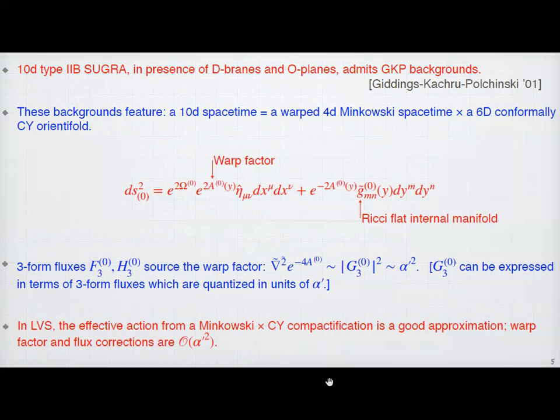There is a 4D Minkowski part which is warped by a y-dependent factor, where y is the extra-dimension coordinates or internal manifold, or whatever you like. So there is a dependence on that; this is the warp factor. And then there is a Ricci-flat manifold once you pull out some factor. So this G tilde is the Ricci-flat manifold.